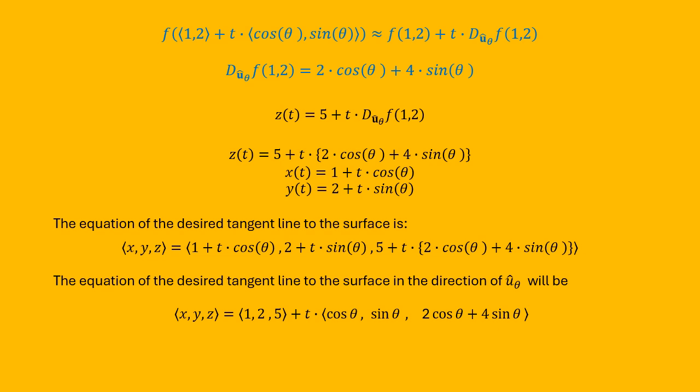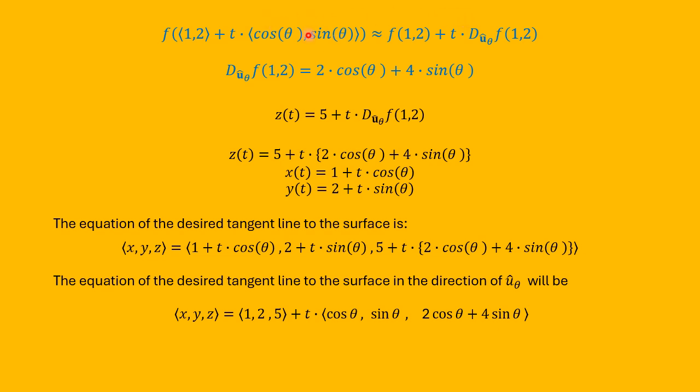So we have seen the formula for approximating f of 1, 2 plus a small increment. This is an approximation, a linear approximation, f of 1, 2 plus t times this directional derivative. This is slightly different from the last slide. Instead of using delta t's, which I assume are going to be very small, here I use t's, which can be any value.